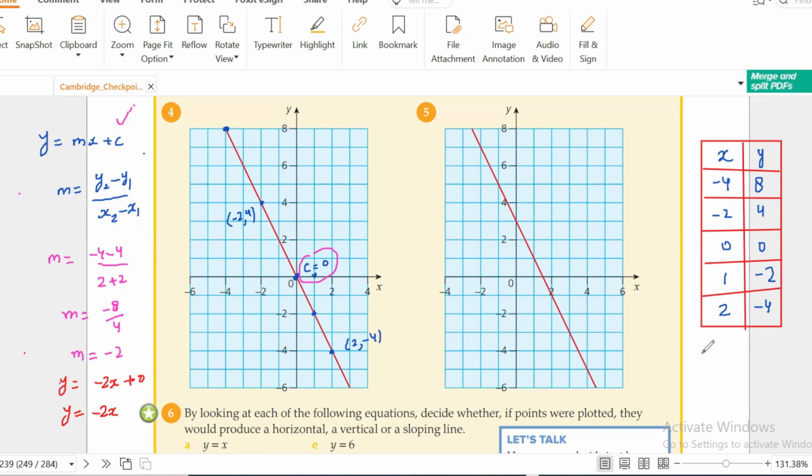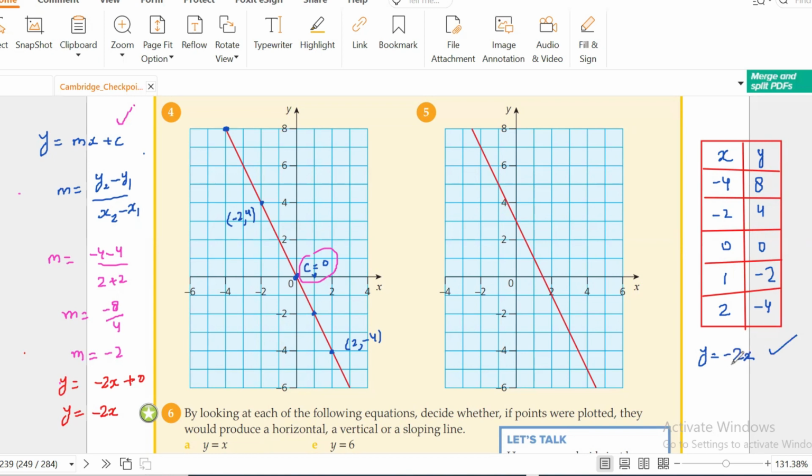So clearly we can say that the link between y and x is 2x. But remember that 2x alone will not work. Why? Because the values have opposite signs. For example, if x is 1, you must have y = -2. So write y = -2x. So with the help of a table, you can also write the answer.